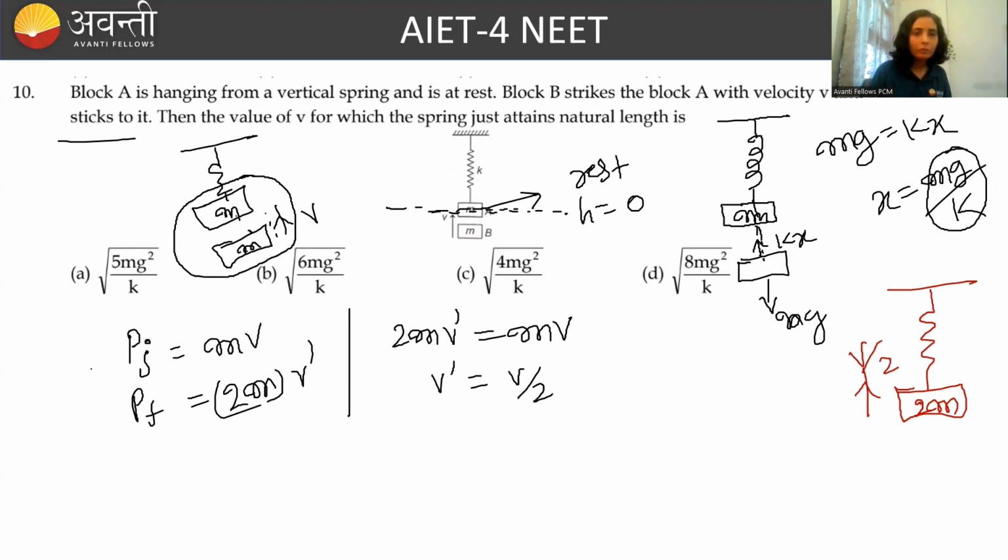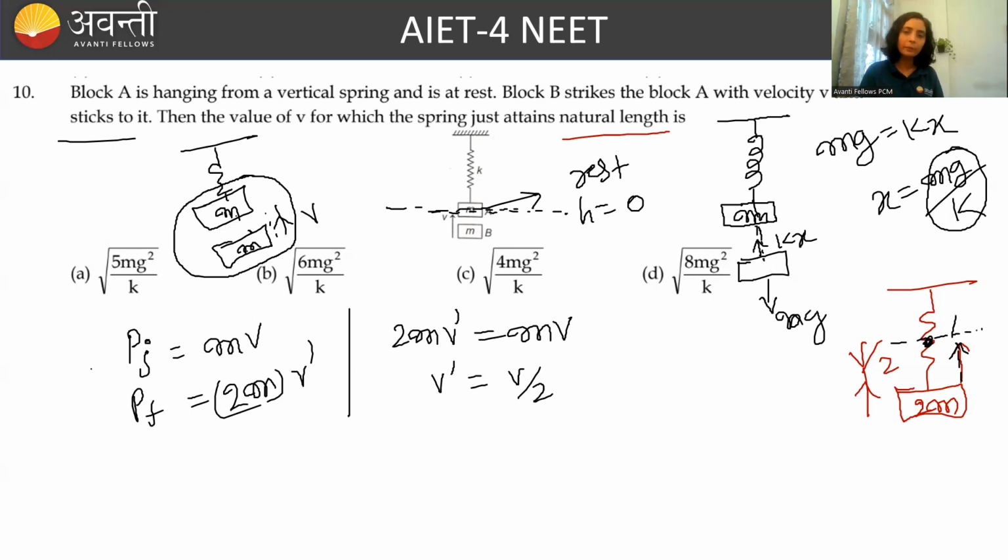Now, the value of v for which the spring just attains natural length. If the spring attains natural length, it means the mass is going up and up, and if it just attains natural length without getting compressed further, it must be losing all its velocity at that point.